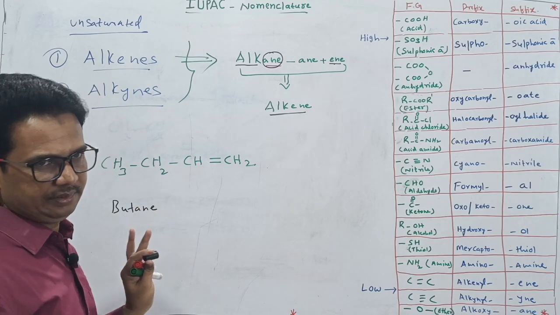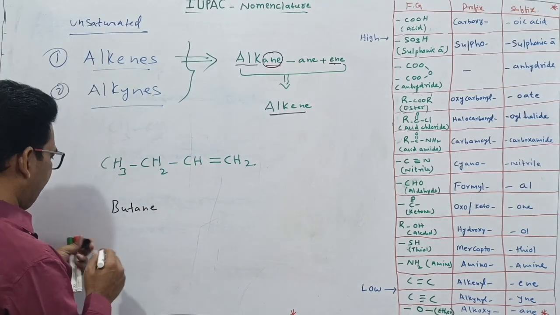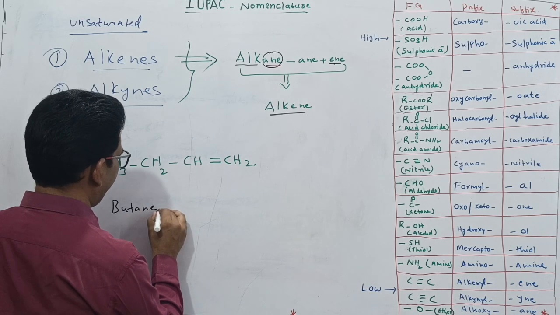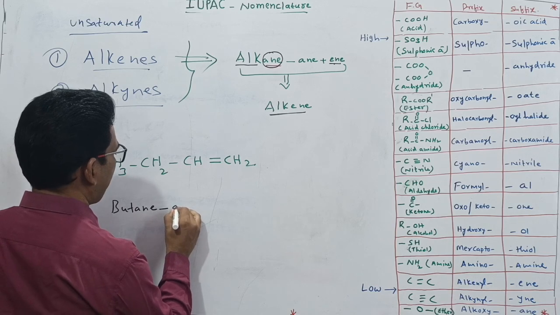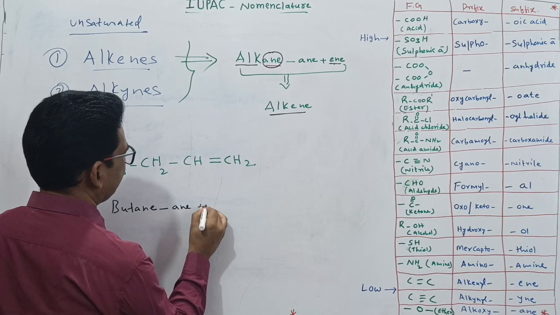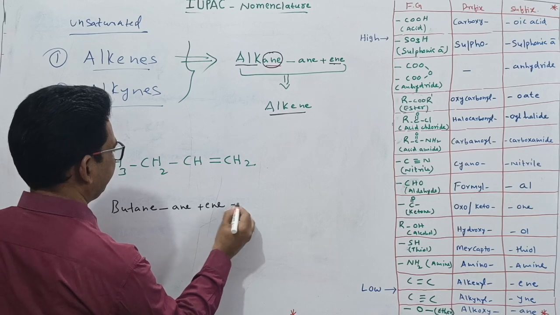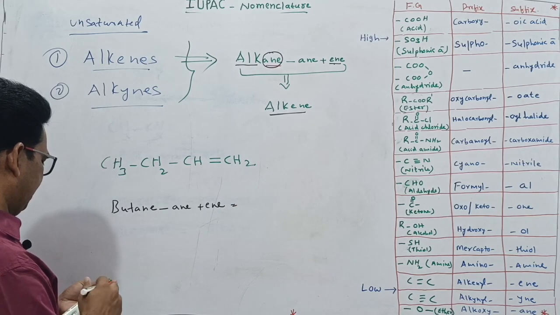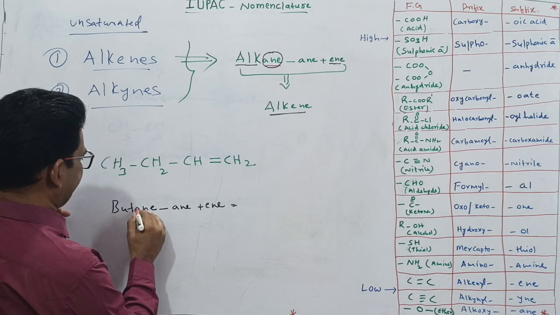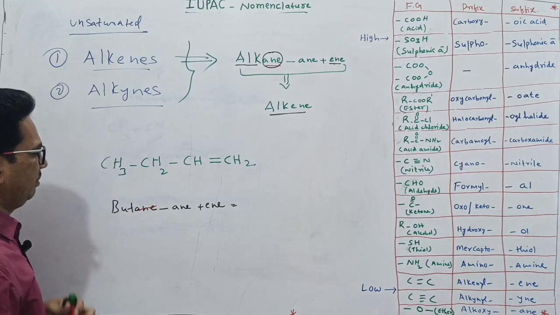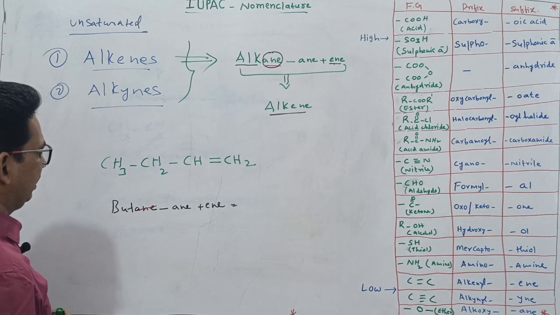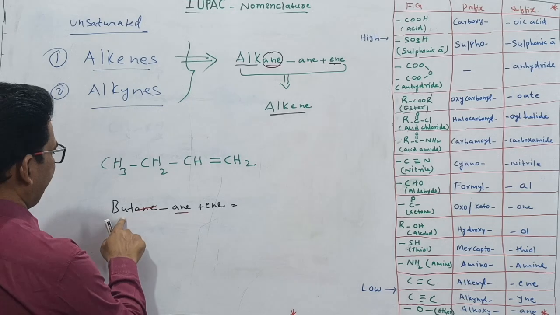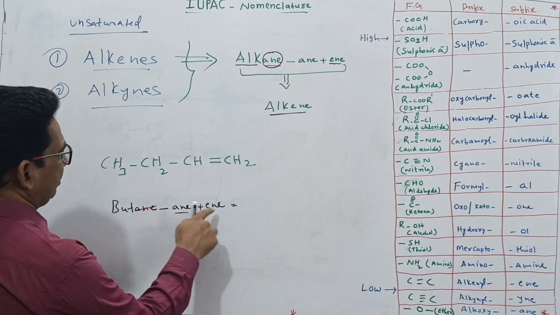Enes means double bonds. Remember that. Then how will we write the name? Butane minus ane plus ene. Minus ane means we are removing this ane. Then what will remain? But plus ene.